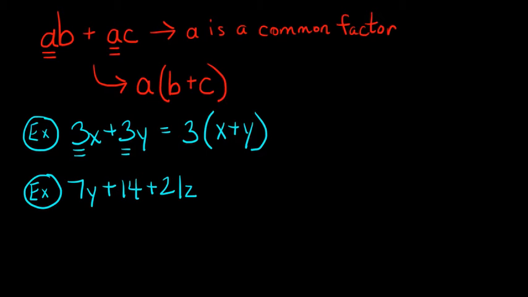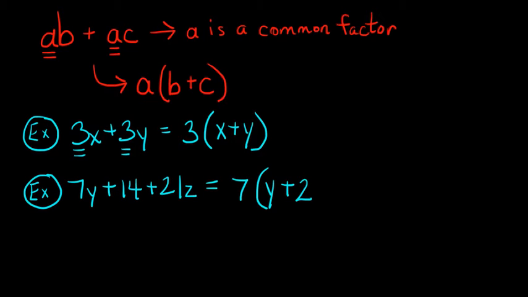I could factor out 7. So if I factor out a 7, I'm only left with y here, plus, now I'm going to take one of the 7's out. So 14 divided by 7 is 2, right?